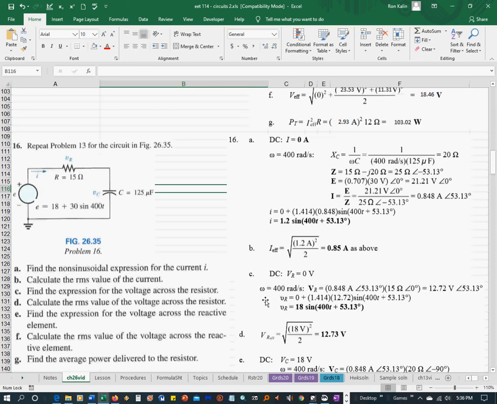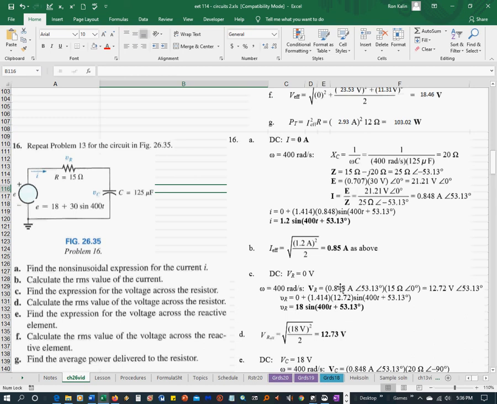All right. For the AC component, omega equals 400 radians a second. So VR equals the current times 15, current being what we calculated up here. That equals this value right here.